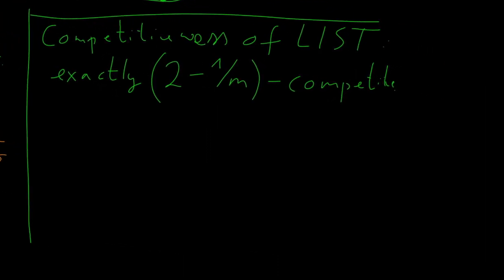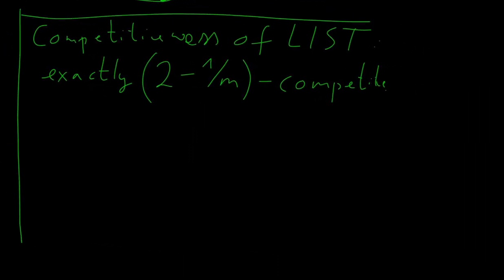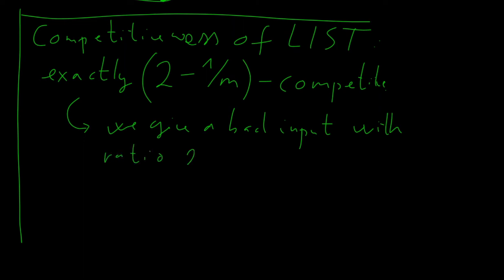Okay, what does it say? Exactly 2 minus 1 over m competitive means that we will give a bad input with ratio 2 minus 1 over m.